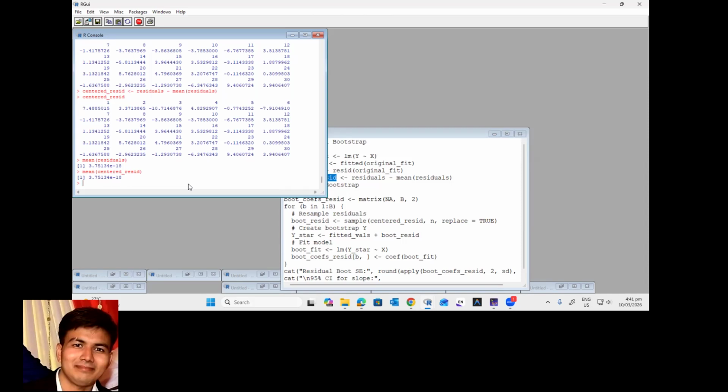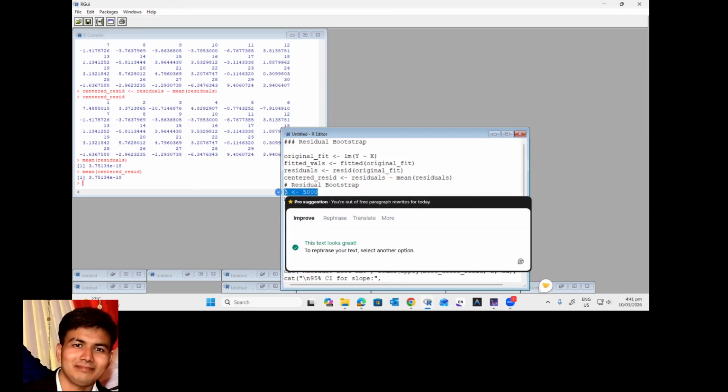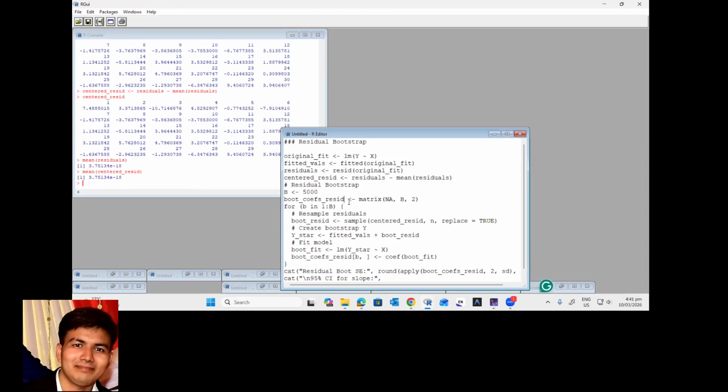Right, now in the next step, we need to take the bootstrap resampling, that is 5,000, and for the bootstrap coefficients, we make another null matrix with B rows, that is 5,000, and 2 columns.